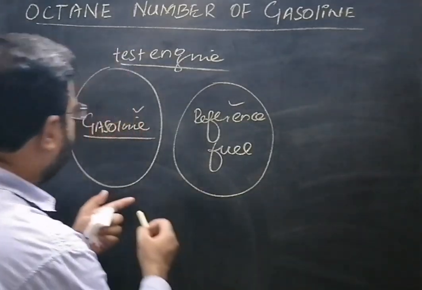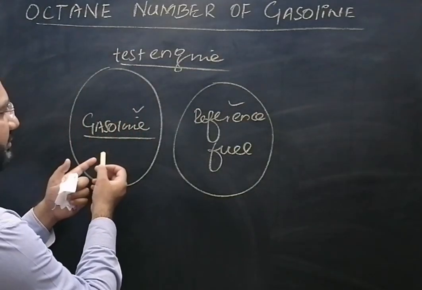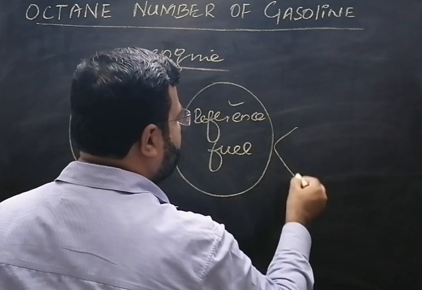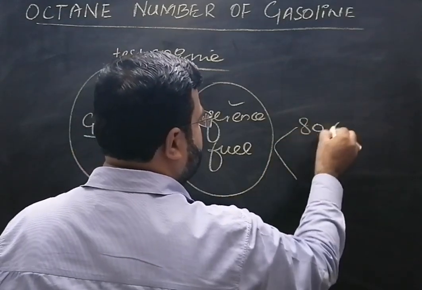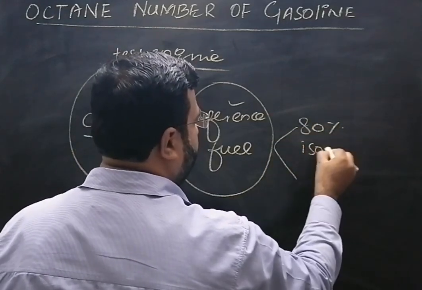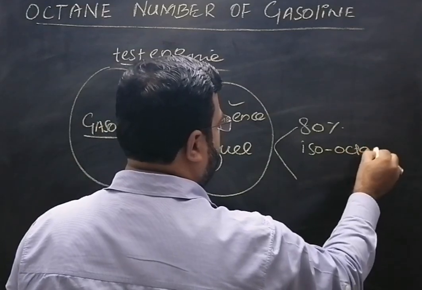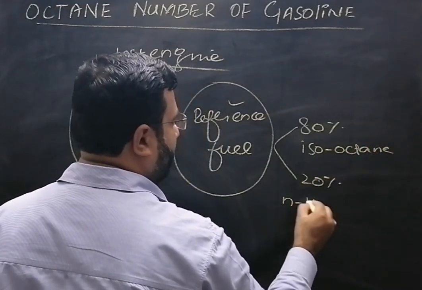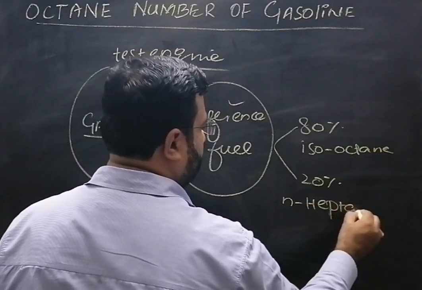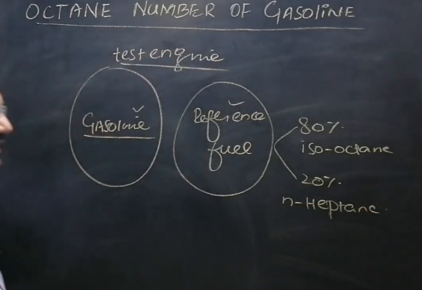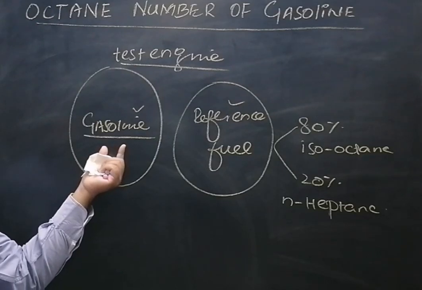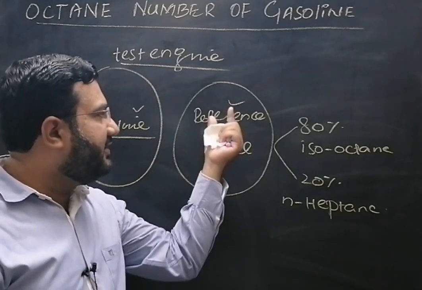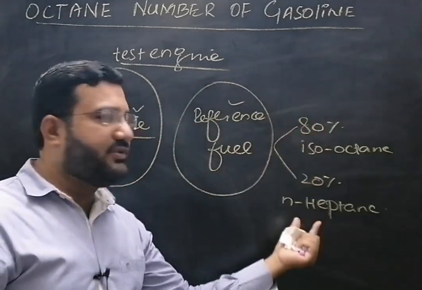Suppose that the anti-knocking ability of the gasoline matches with the reference fuel which has 80% isooctane and 20% normal heptane. So the anti-knocking ability of this gasoline matches with the reference fuel having this composition.